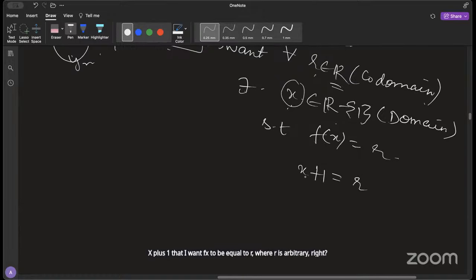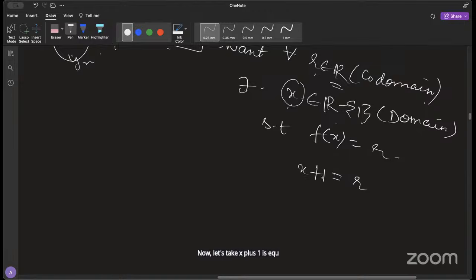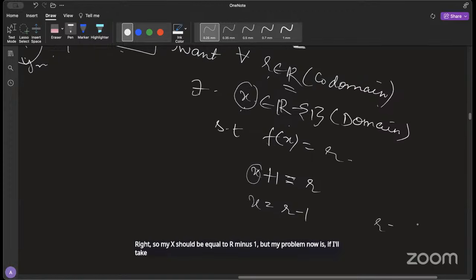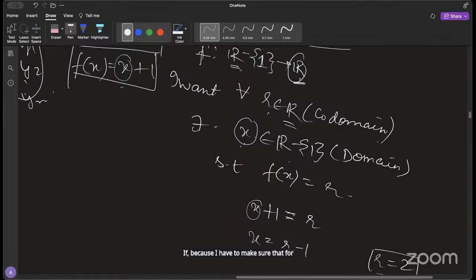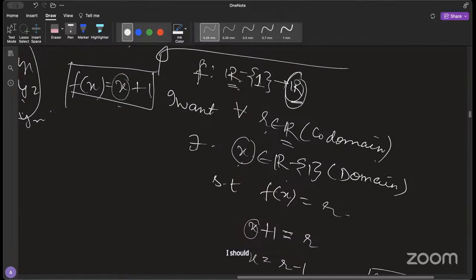What should I take x such that x plus 1 is r? R minus 1. So my x should be equal to r minus 1. But my problem now is if I take r equal to 2, because I have to make sure that for every r belonging to this codomain, I get an element in the domain whose image is that element.